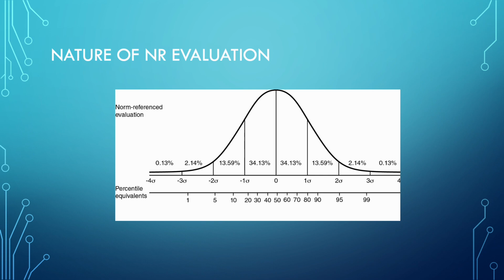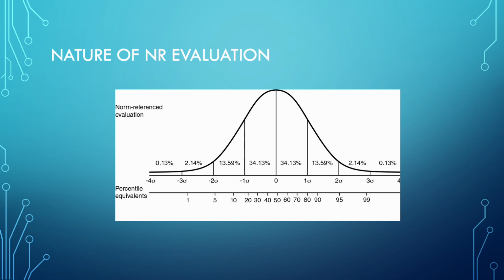And then we can see when we get to 1 standard deviation on the positive side, 80% of the scores are from that positive 1 to the left. And then you can see it goes all the way up to 99, which is about 3 standard deviations.